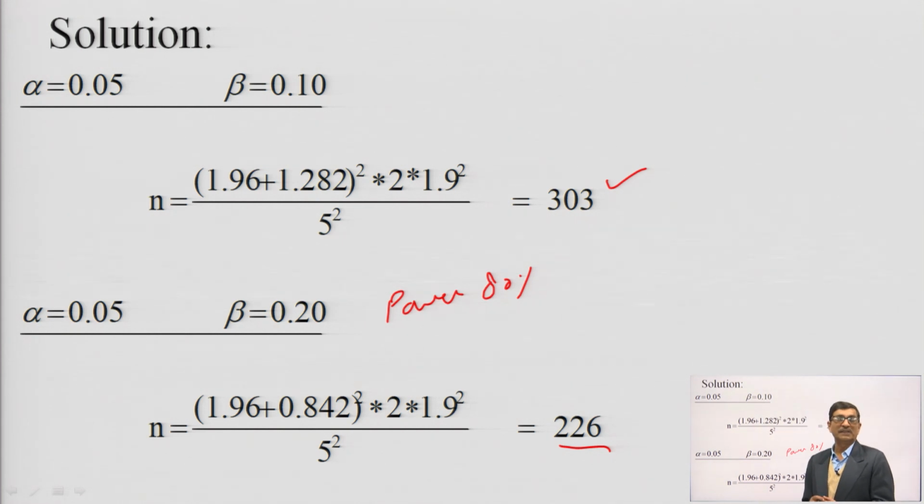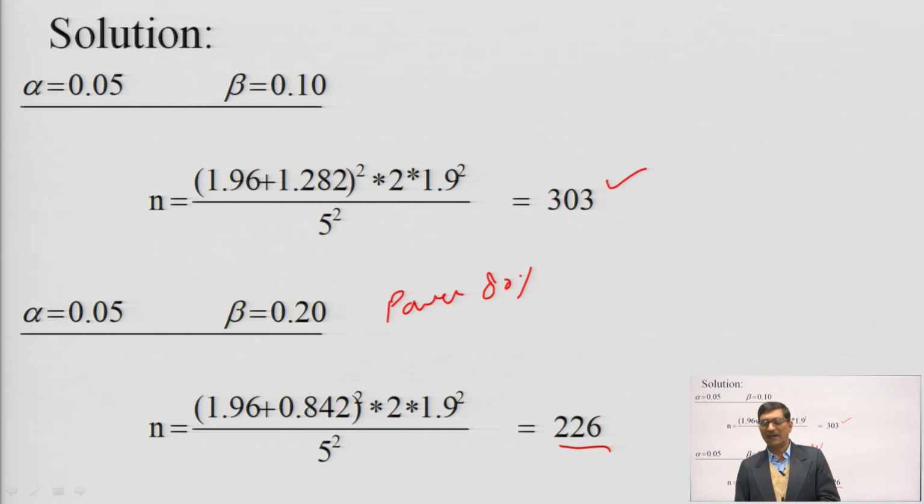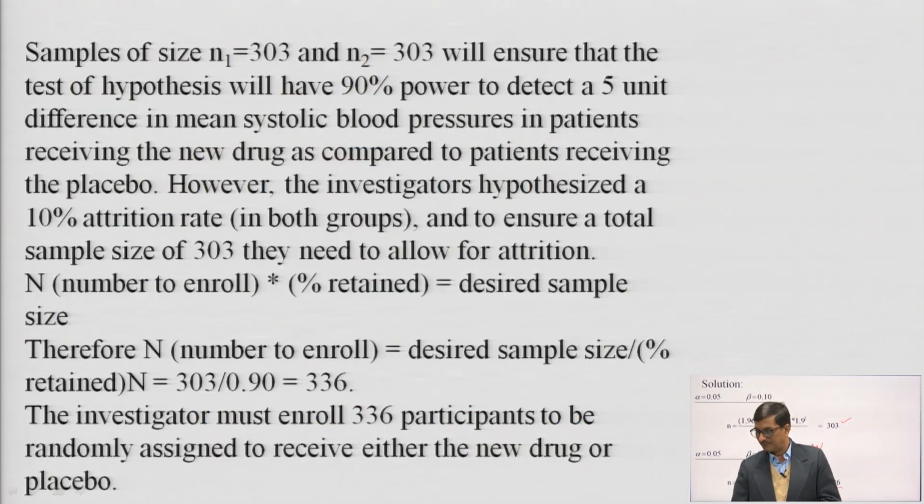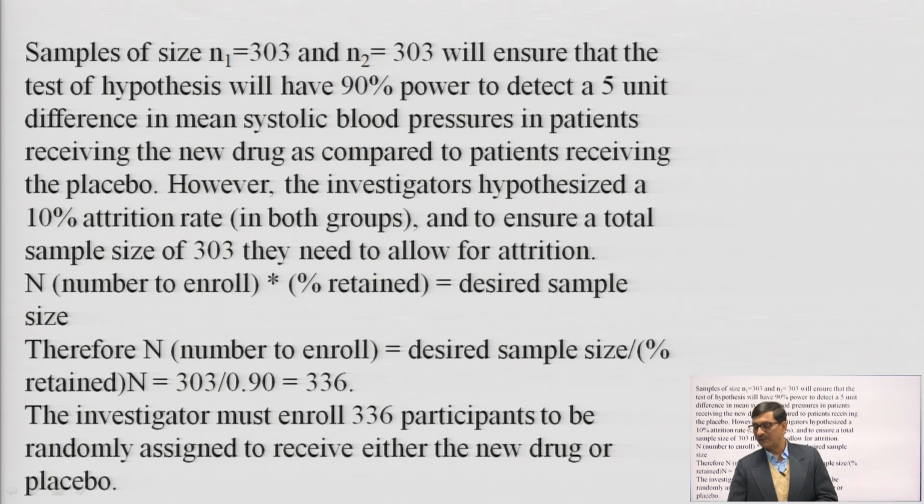So, if we change the value of beta, then we find a different sample size. Sample size n1 is 303, so 303 in the first group and 303 in the second group.